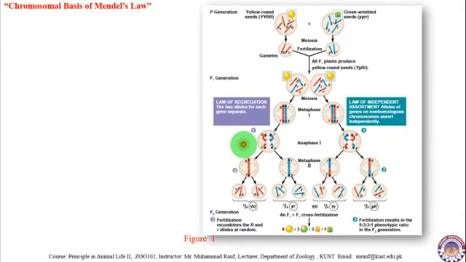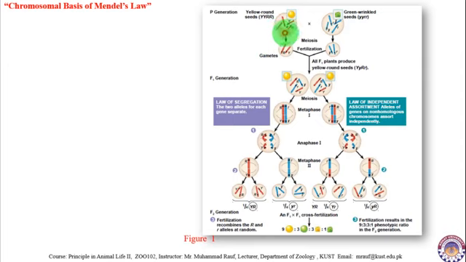Now here is a diagrammatic representation of what we already studied in the text. So this is basically a dihybrid cross in which individuals differing for two traits are crossed with each other.